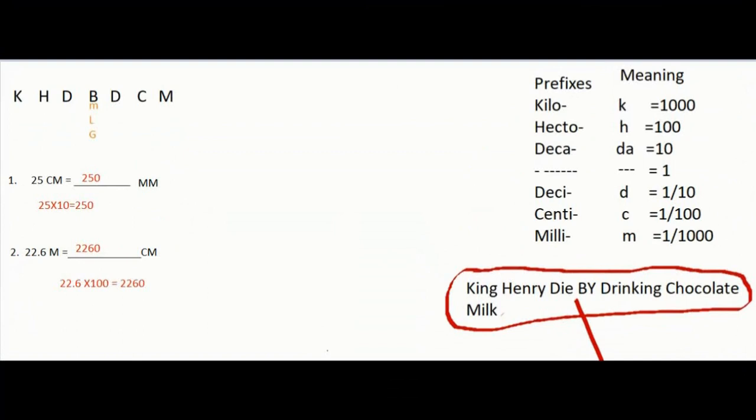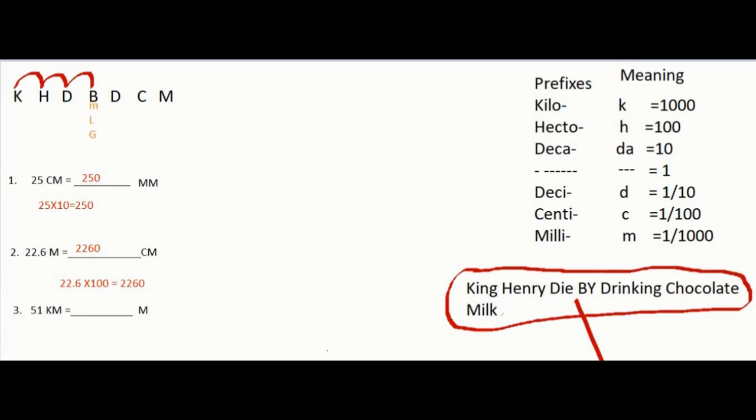Let us do number 3. Here we have 51 kilometers and we are going to convert this to meters. We are going to convert a bigger unit to a smaller unit. Therefore, we must multiply or move to the right. So I'm going to start from K to M. So it's going to be 1, 2, 3.